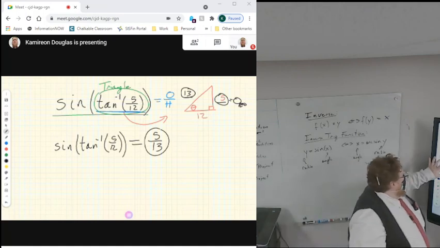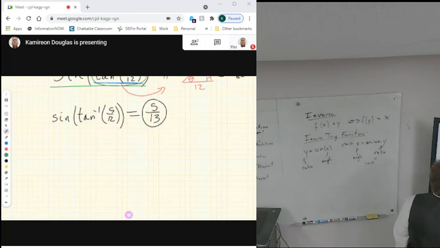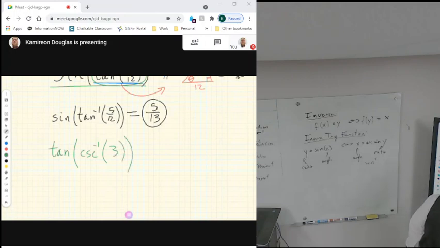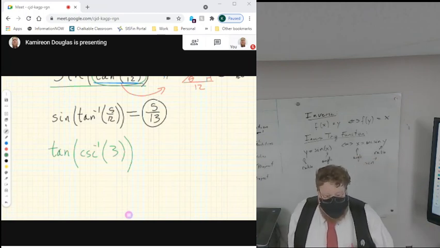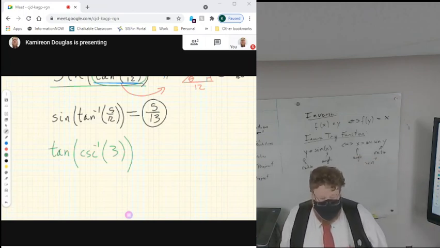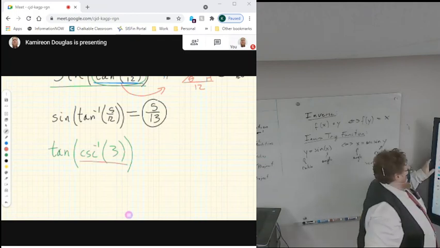Example, what if I had the following? If I asked you about the tangent of the cosecant inverse of 3. Well, just like before, I can use the inner piece of this function to build a triangle.